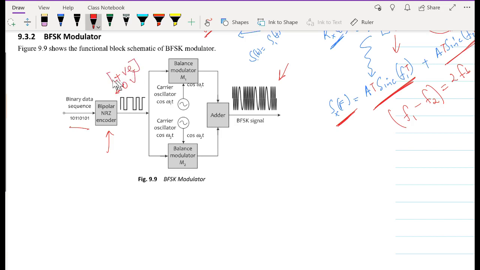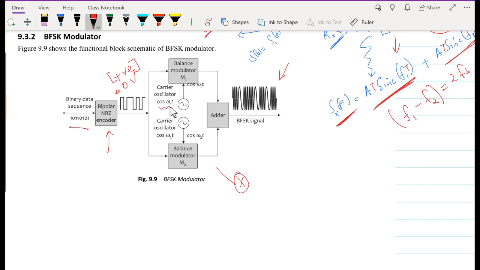in the binary input sequence. The output of the bipolar non-return to zero encoder is applied to two independent balanced modulators, that is 1 and 2. This is the one that we call a product modulator. It just does multiplication. And this balanced modulator has two inputs: the input from the NRZ encoder and an input from the local carrier oscillator.